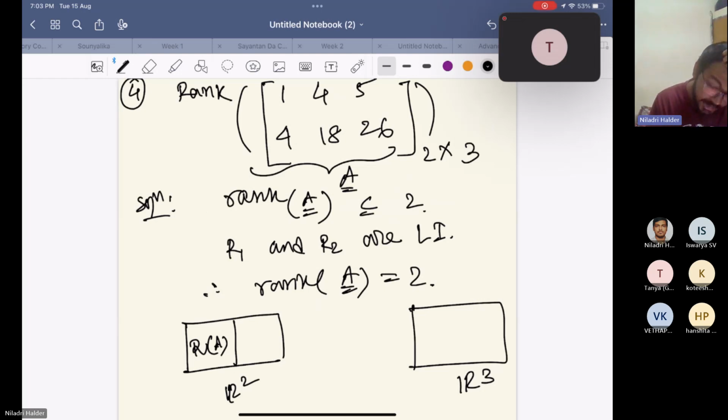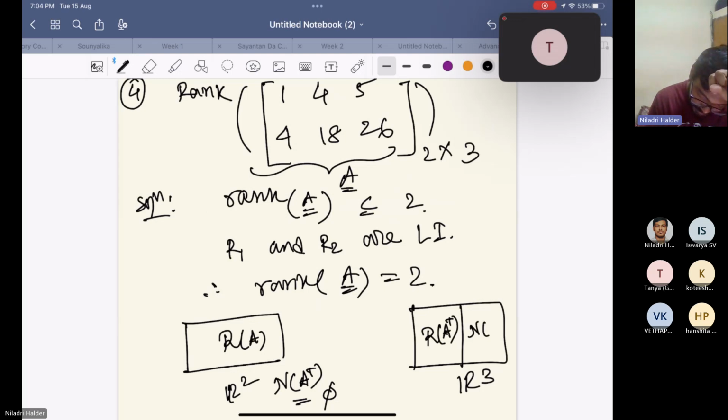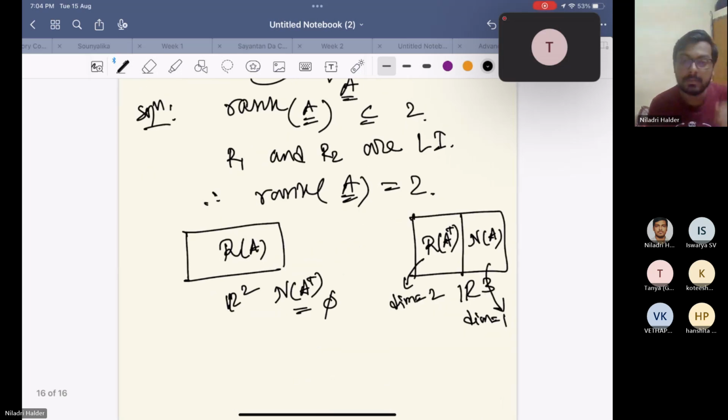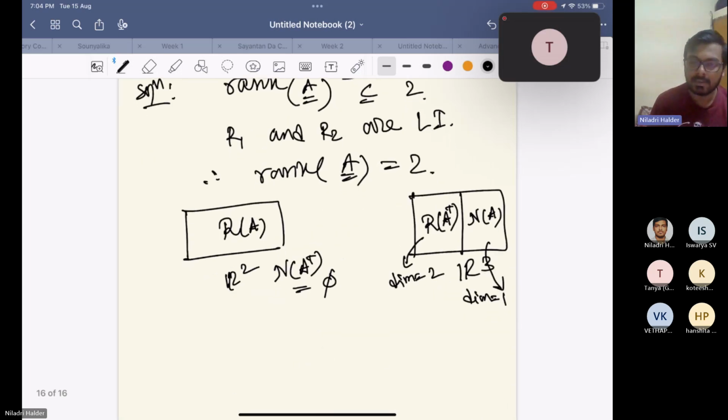So there is no basis remaining in R2 for the null space of A transpose. The whole thing is covered by the range space of A, and the null space of A transpose will only be the null set. For the other case, the range space of A transpose and the null space of A, the dimension is 3 minus 2, so here the dimension will be 1. Only one basis vector is there for the null space of A.